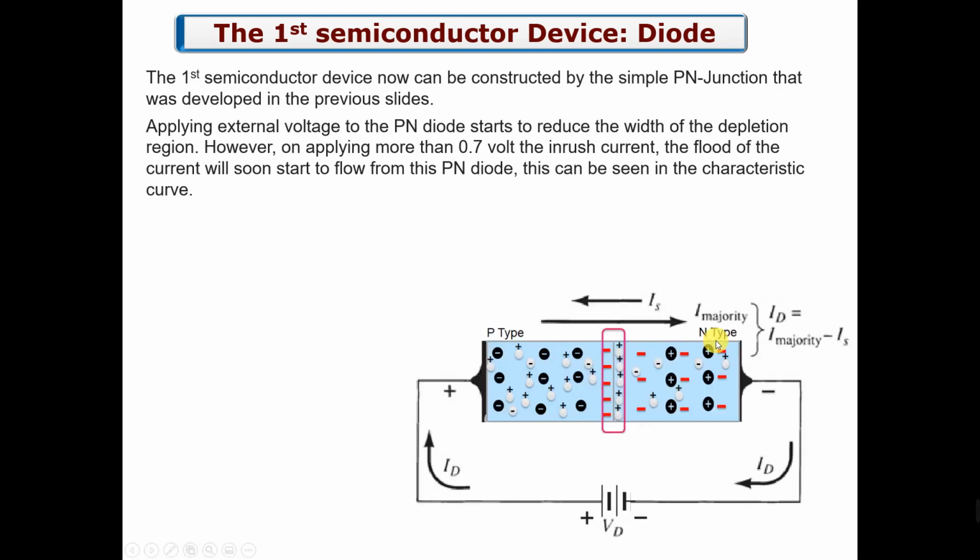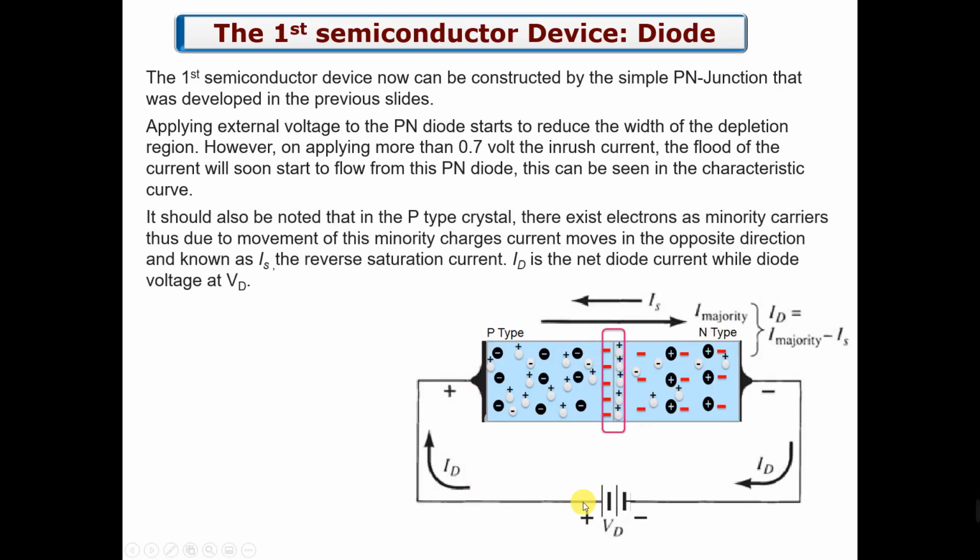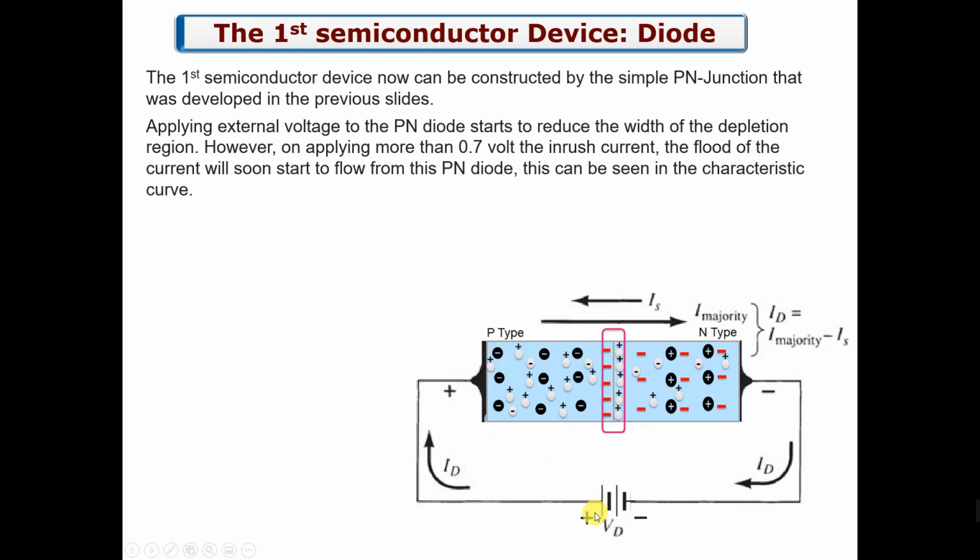If we connect the plus of the supply to the p-type material and the minus of the supply to the n-type material, meaning plus to plus, minus to minus, then this circuit is known as forward bias.